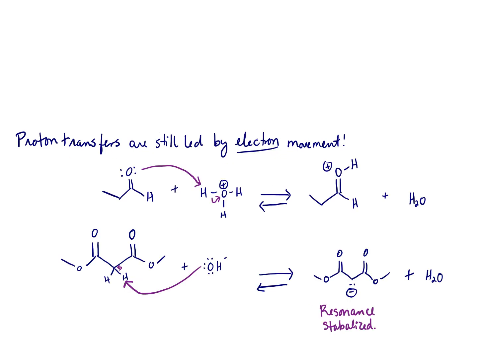Okay, proton transfers are still going to be led by electron movement. So the electrons in, say, this oxygen right here will come and grab a hydrogen. And in this case, the bond that is between that oxygen and that hydrogen must therefore break as a response. Why? Because hydrogen can only handle 2 electrons at a time.